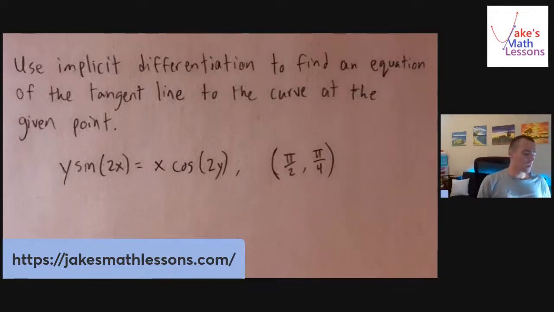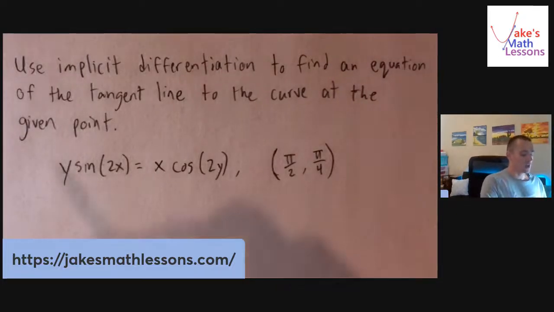So with these types of problems where you're asked to find the equation of a tangent line to the curve at a given point, it's going to take the exact same process as the first problem we did here, and it's just going to build on that a bit. What you want to think about is that we're going to start with implicit differentiation.